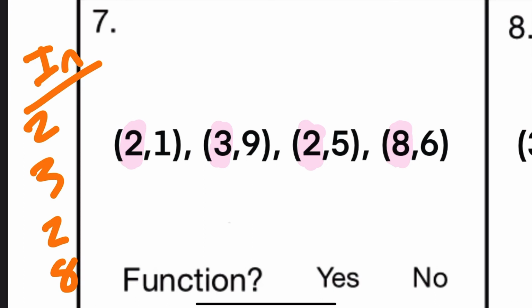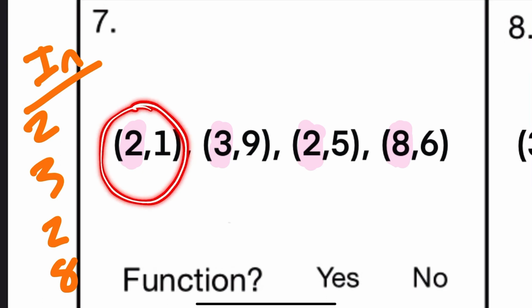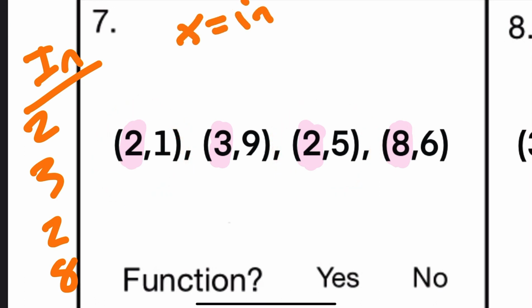I'm seeing that we have a 2 and a 2. Those are repeating. And looking at those pairs, they also have different Y values. So those are going to be our outputs, all right? So X's equal ins, Y's equal outs. So my inputs do repeat.